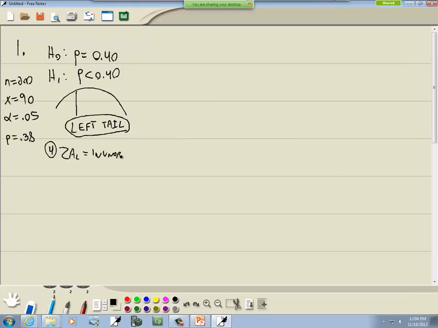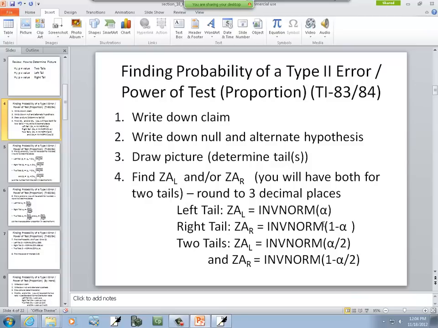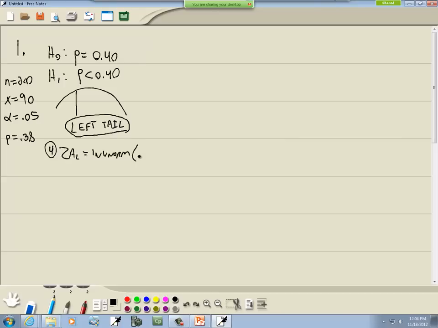So Z alpha sub L. It tells us to do an inverse norm based upon alpha. Alpha was 5%. So Z alpha sub L, let's see what that's equal to.